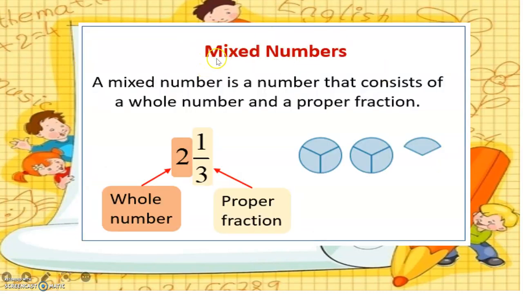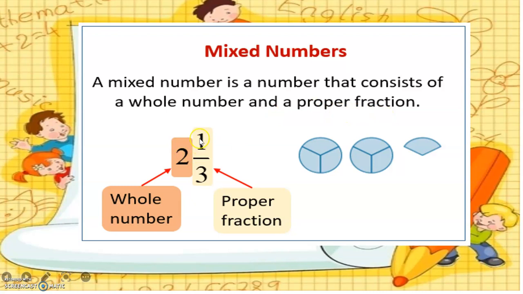Number 3 is mixed numbers. A mixed number is a number that consists of a whole number and a proper fraction. Again, a mixed number consists of a whole number and a proper fraction.